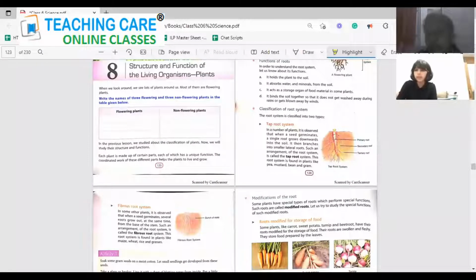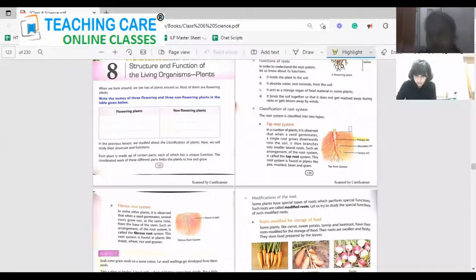Yes, ma'am. Can you see the parts? The thicker part is known as the primary root. The branch-like things coming out of the primary root are the secondary roots, and the small hair-like things coming out of the secondary roots are known as the tertiary roots.